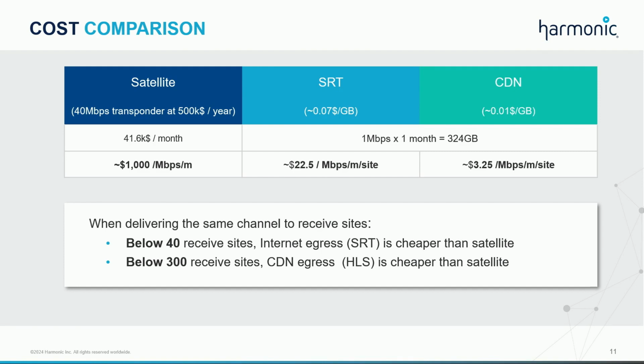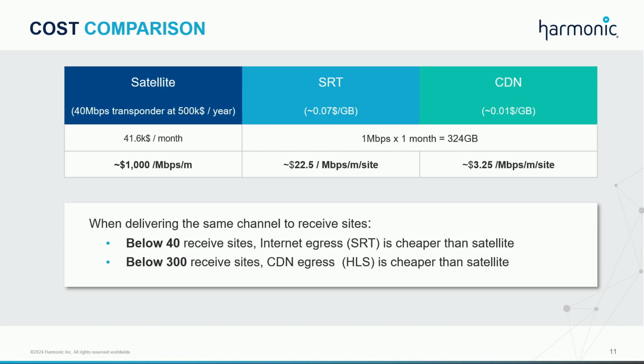And when you come to IP multicast delivery, you only pay once also because of the multicast aspect of the distribution. So if you do a quick math, you will see that to be able to match the satellite cost below 400 receiving sites, so for small-scale systems with a low number of affiliates, SRT delivery over IP is still cheaper than satellite.